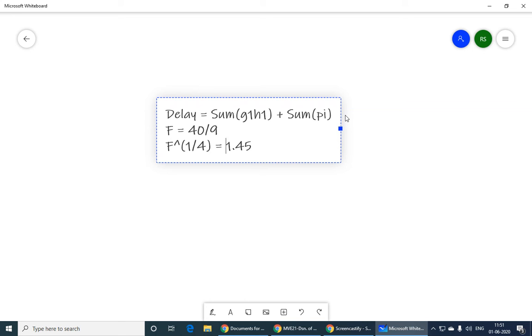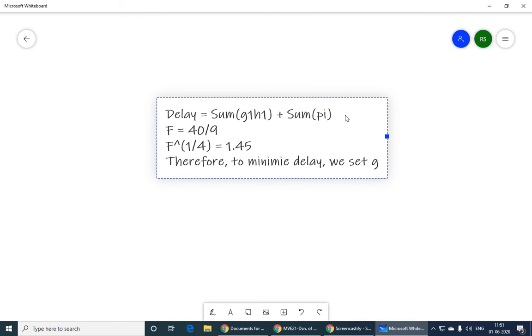So f to power 1 by 4 equal to 1.45. Therefore, to minimize delay, we set GIHI equal to 1.45. Okay, this means G1H1 equal to G2H2 equal to G3H3 equal to G4H4 equal to 1.45.